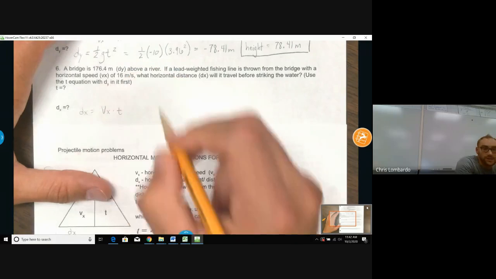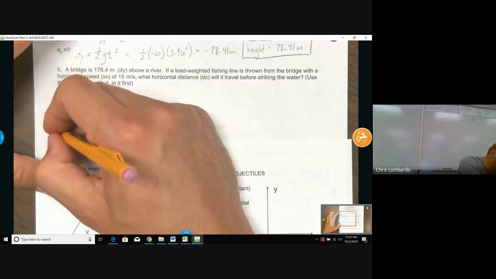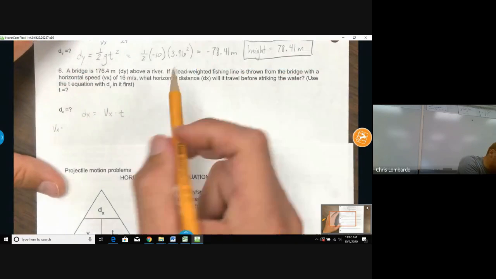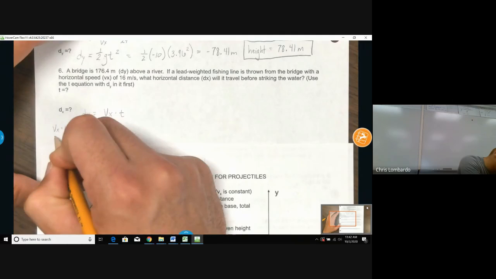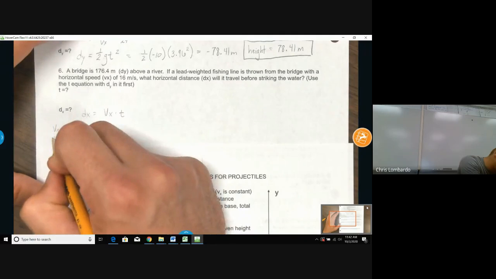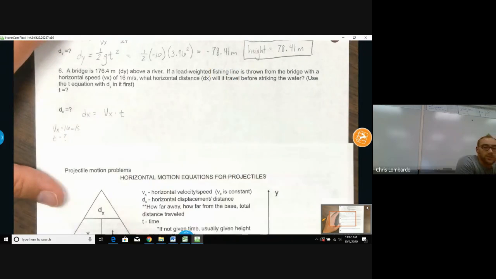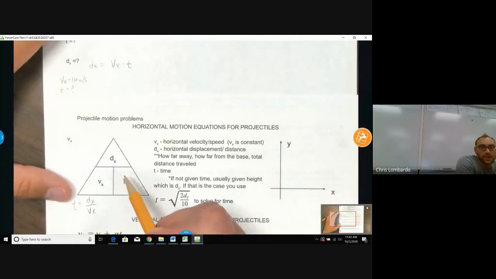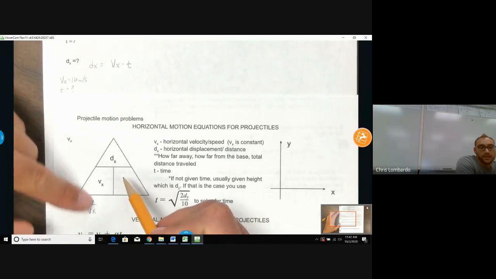We need these two values. Now you have vx, which is given as 16. t, we don't know. That's why I wrote it up here. And we cannot use this t equation because we're looking for dx. So again, can't use that.